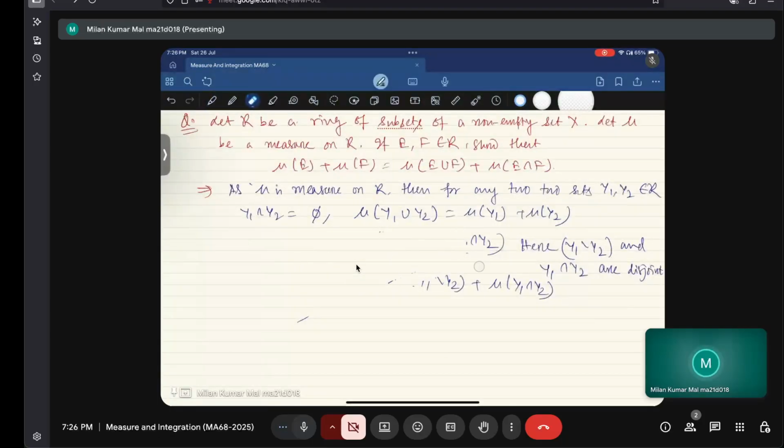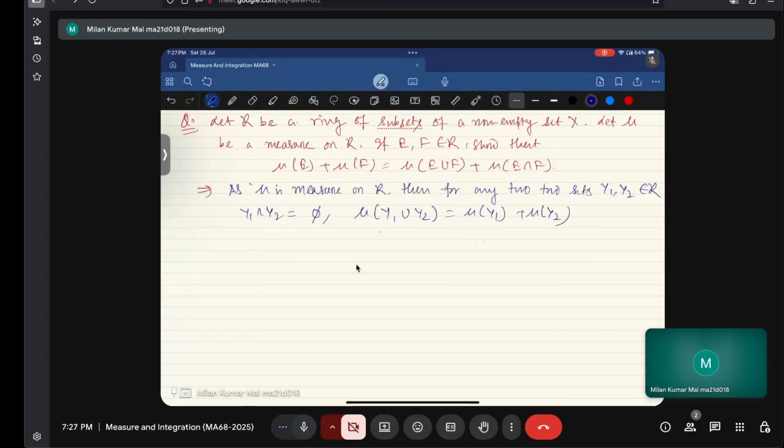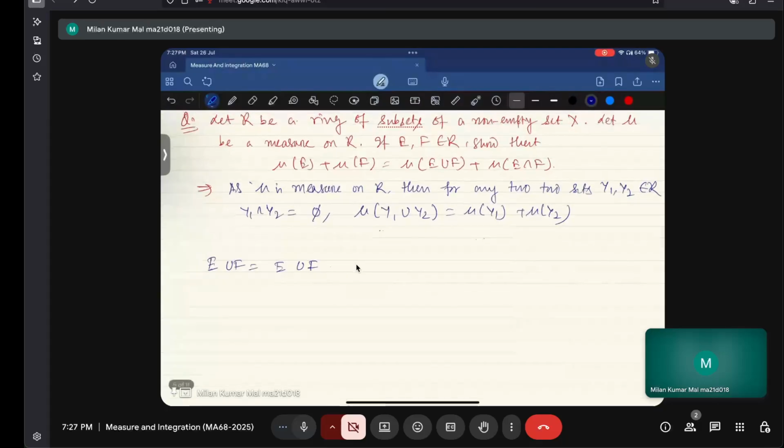Another thing is that to prove this one, I need to write E union F in some way.